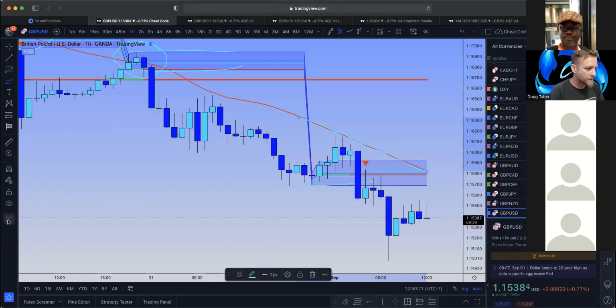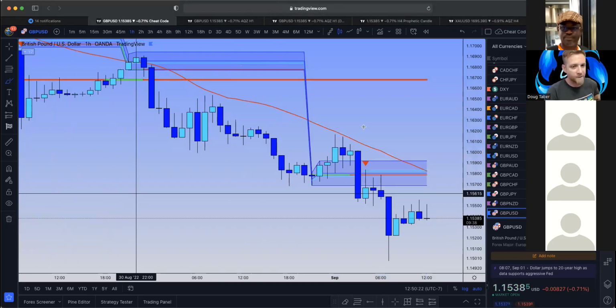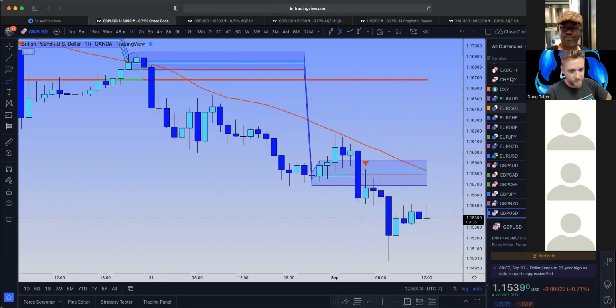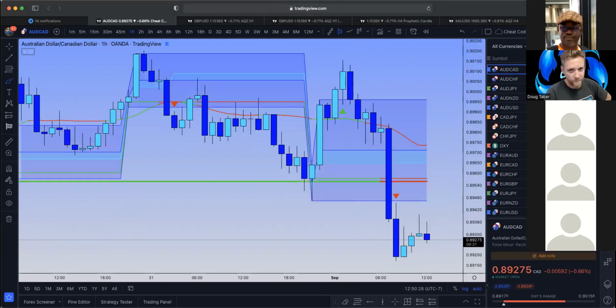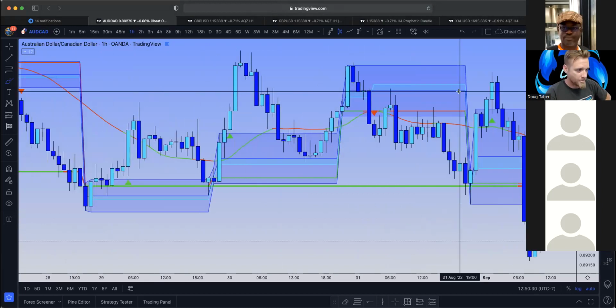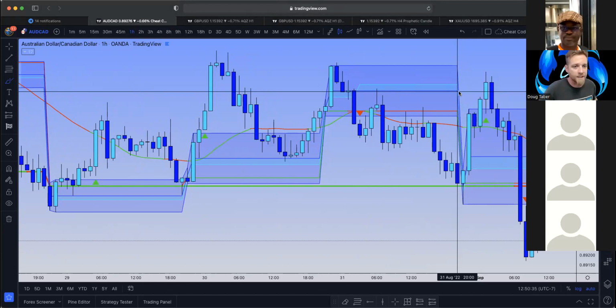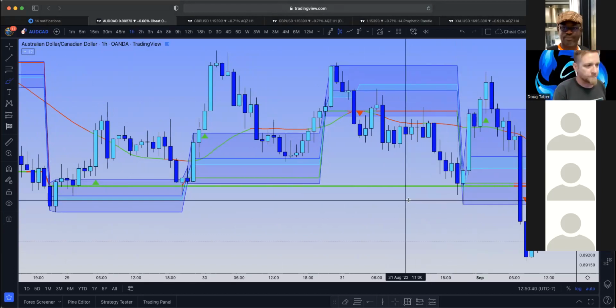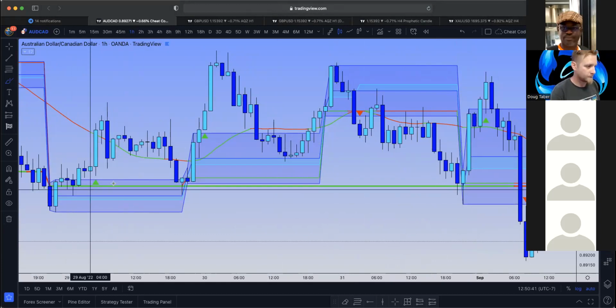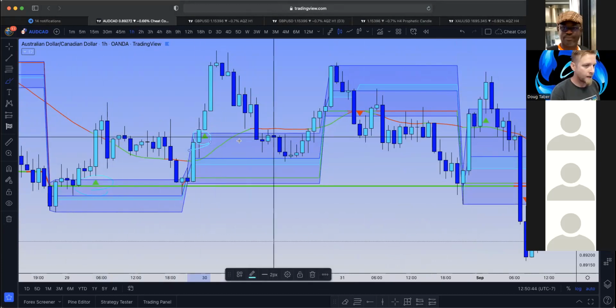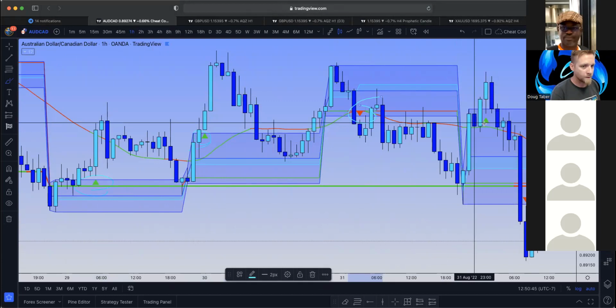Cheat code is probably my favorite method ever. And let me just show you guys why. I'm just going to show you guys this week so far on every single currency pair. Buy, sell, buy.